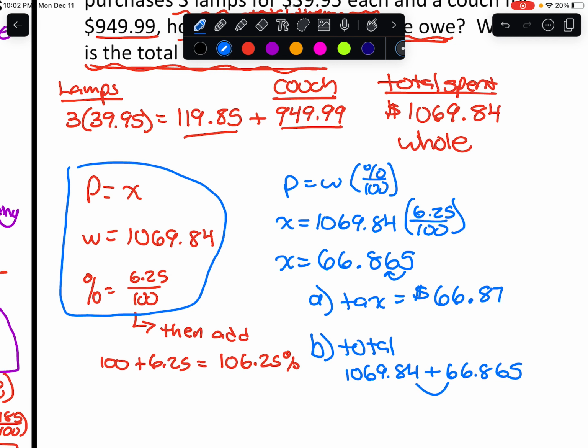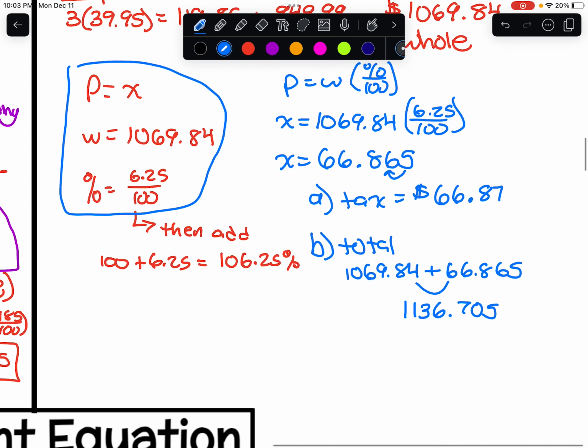Oops, I put it in my calculator wrong. 66.865 plus 1069.84. We should get 1,136.705. Which means our grand total money spent, rounded to money, because yes, you have to do that, would be 1,136.71, because that 5 tells that 0 it wants to be a 1.